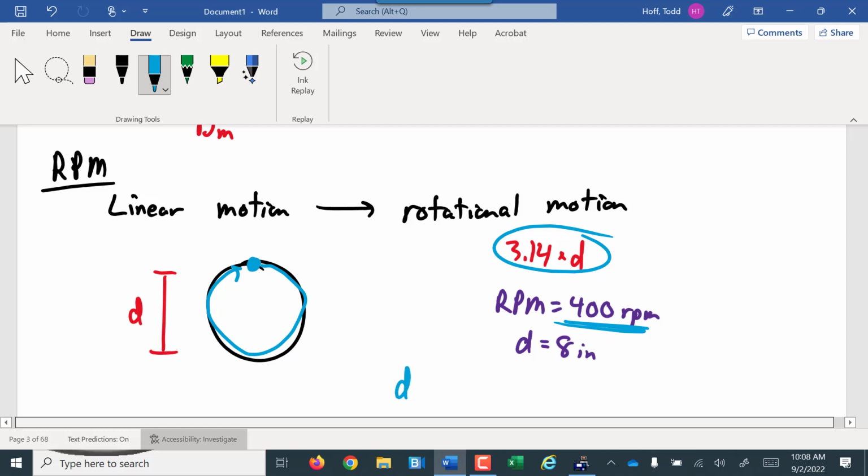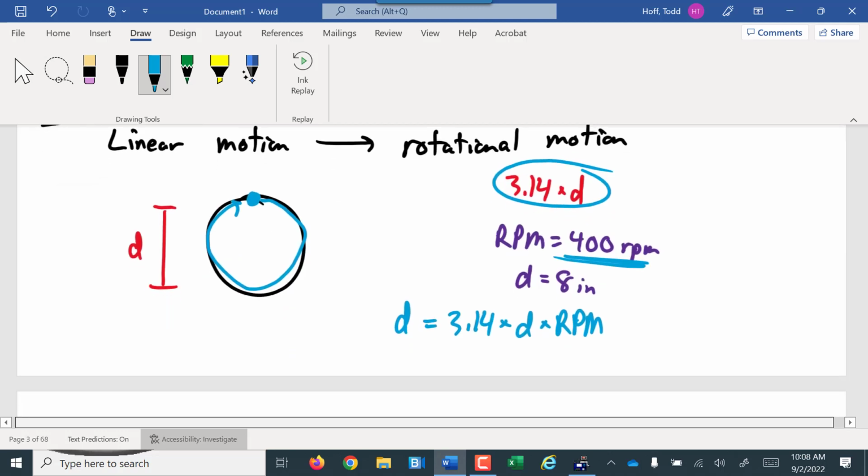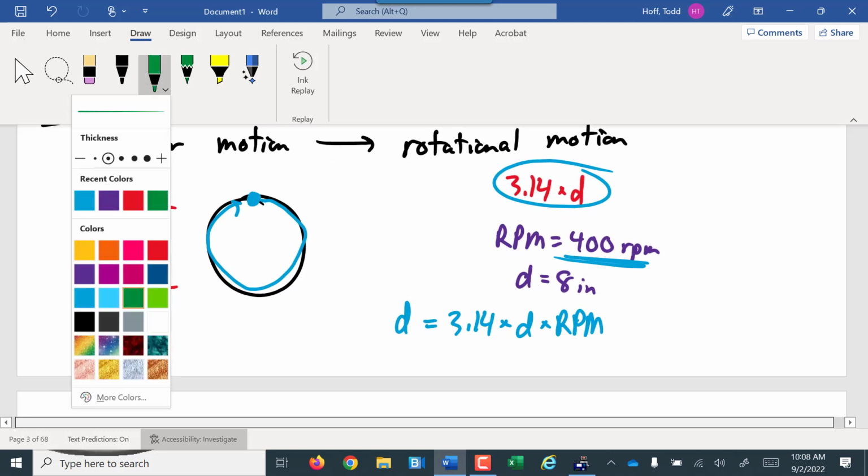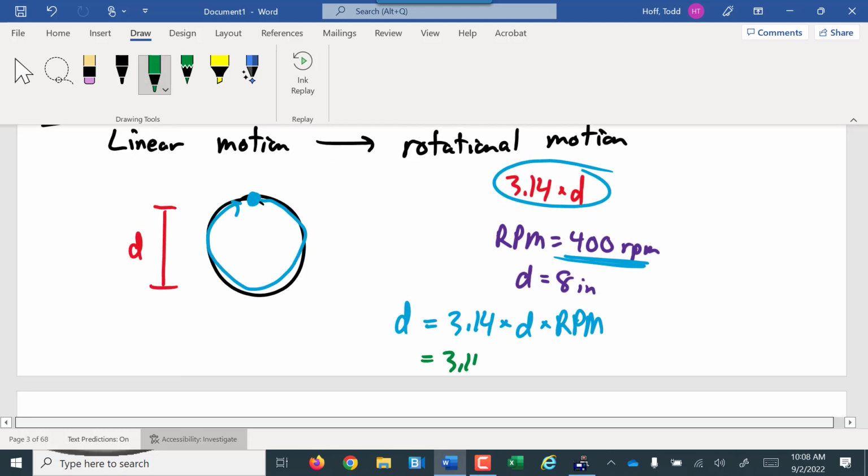So that linear distance is pi, or 3.14, times your diameter times your RPM. So for this pulley, that's 3.14 times 8 inches times 400 RPM.